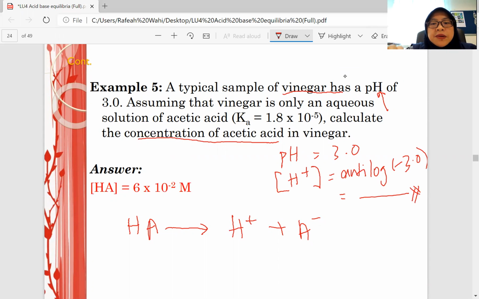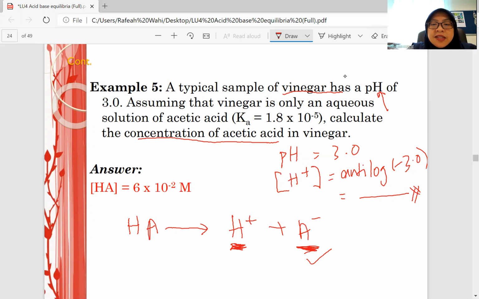So now you already have information on the concentration of H plus ion, and you know that all the time for weak acid dissociation, the concentration of H plus ion is going to be the same as the concentration of the conjugate base. So once you get the concentration of H plus ion, you also get the concentration of the conjugate base.